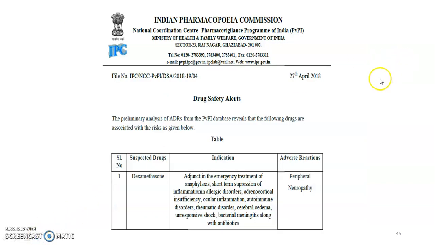Before releasing these, in 2019, the Indian Pharmacovigilance Commission, that is NCC PVPI, used to release drug safety alerts.